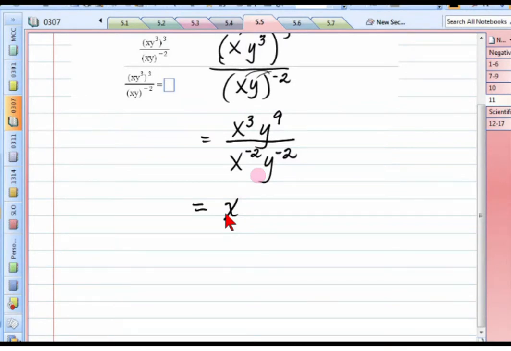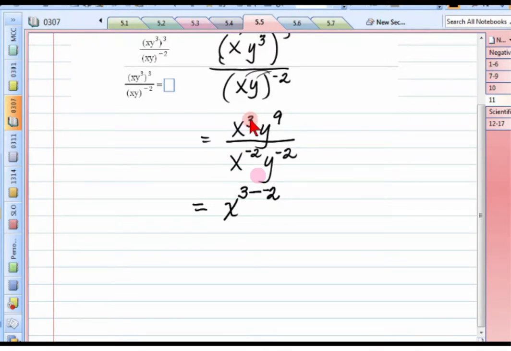So when I do the x, what does the quotient rule say to do? Subtract. Write down the top exponent, so I'm going to write down a 3. I'm going to write down a subtraction sign because that's what the quotient rule says to do. Then I'm going to write down the exponent from the bottom, which is a negative 2. So it is 3 minus negative 2.